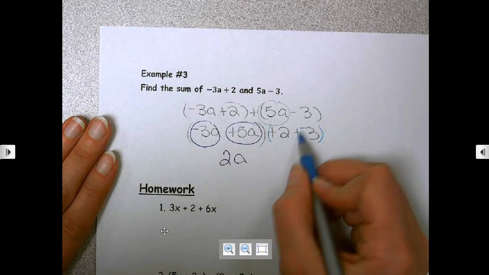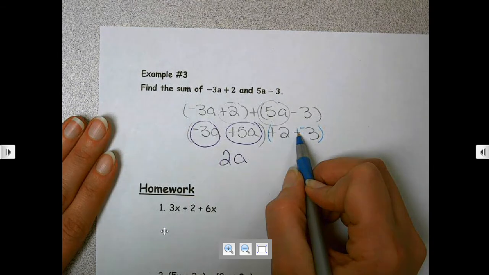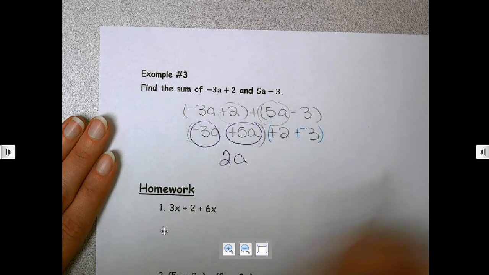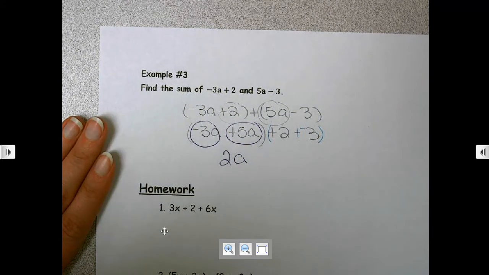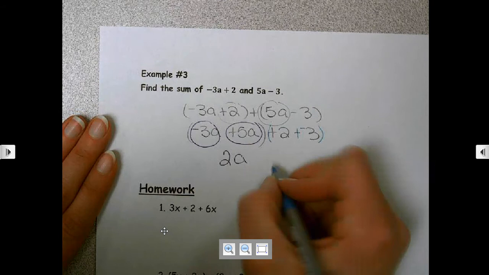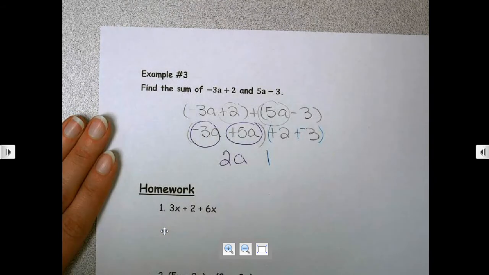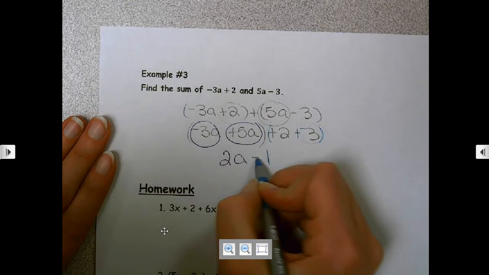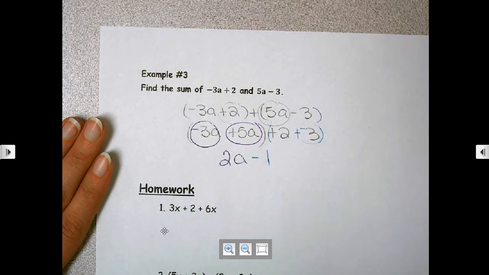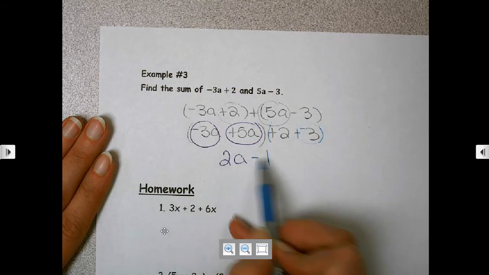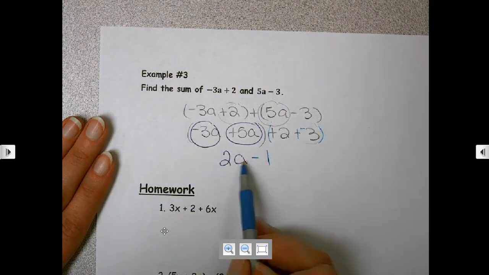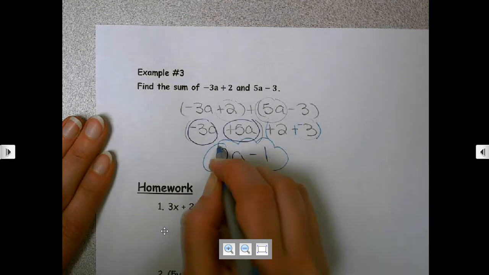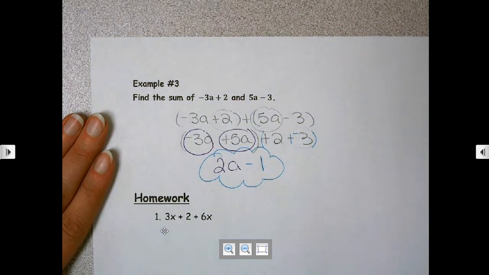I'm going to keep, change the subtraction to a positive and negate the 3. Positive 2 plus negative 3. The signs are different, so we're going to subtract. 3 minus 2 is 1. We're going to keep the sign of the bigger absolute value, which is 3. So our answer is going to be a minus 1. 2a and negative 1 are not like terms. We have a variable in the first and a constant in the second. So our final answer is 2a minus 1.